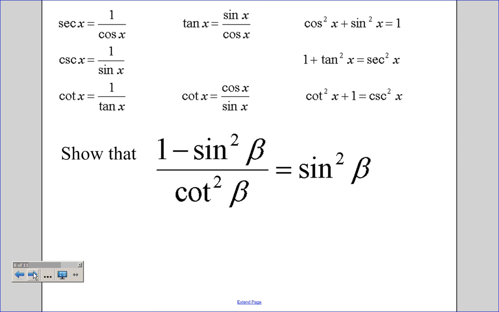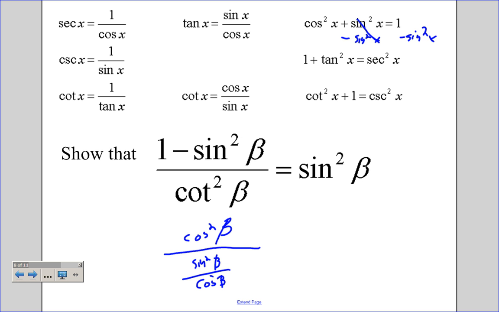All right, here's a new one. Try this one and see how far you get. 1 minus sine squared beta. If I look up here, if I subtract sine squared on both sides, 1 minus sine squared is equal to cosine squared. So I have cosine squared beta over cotangent of beta, which is sine of beta over cosine of beta.